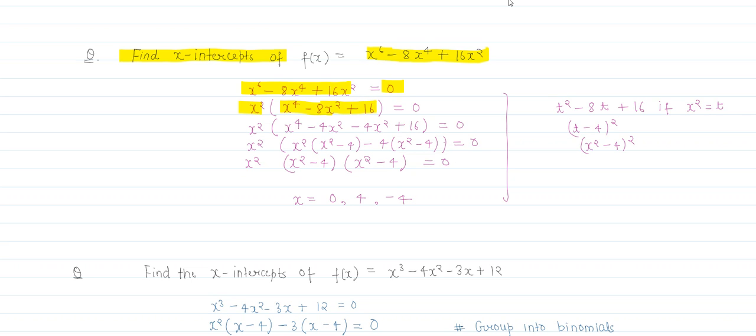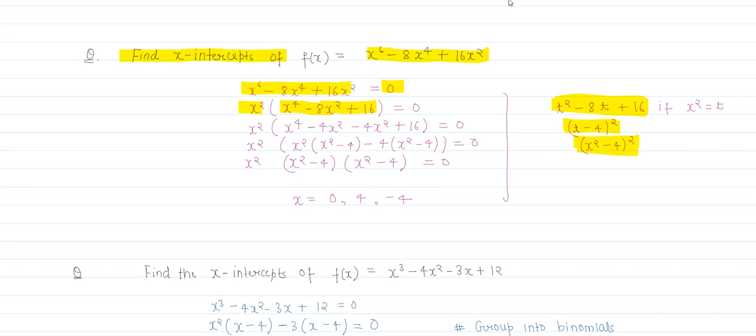Now if we set x^2 equal to t, we get t^2 minus 8t plus 16, and this is equivalent to a quadratic equation. If we solve this, we get (t minus 4) the whole squared, and then we put back the value of t as x^2.